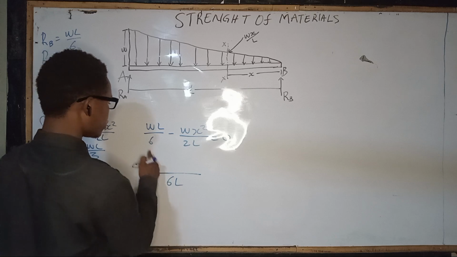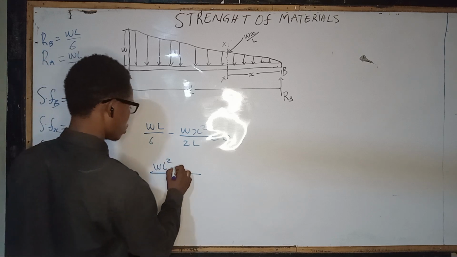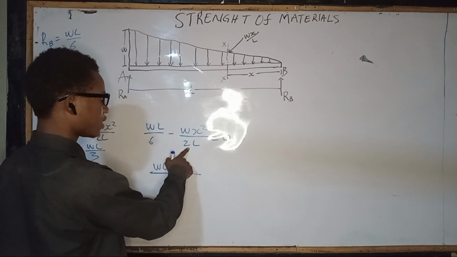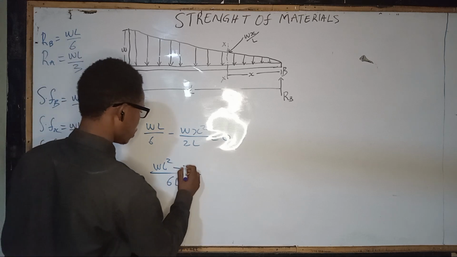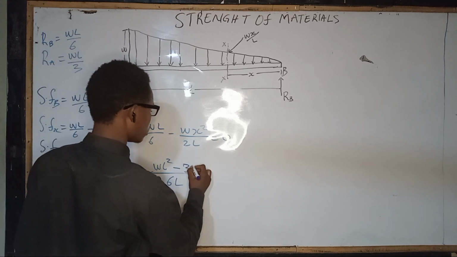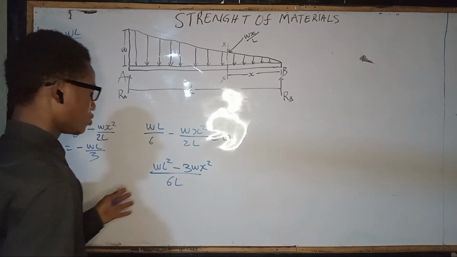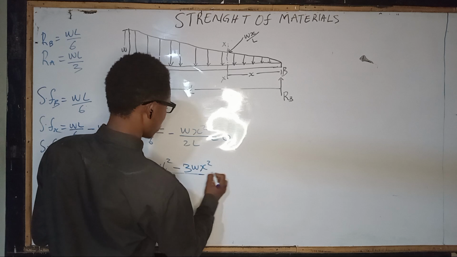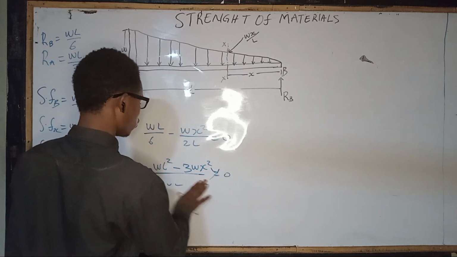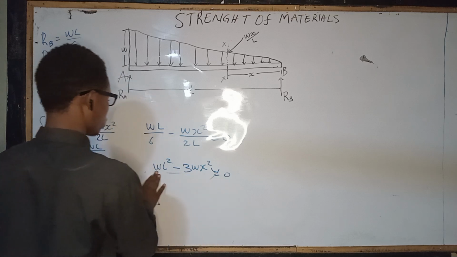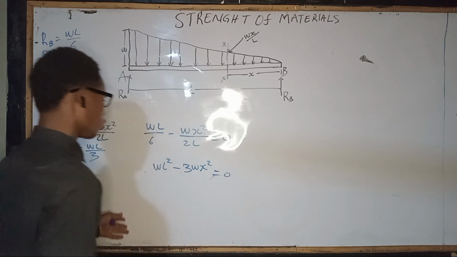So 6L divided by this, we have L, we have WL squared, minus 6L divided by this, we have 3, 3Wx squared, so that is equal to 0. If we do cross multiply, it will cancel the bottom and we will have WL squared minus 3Wx squared is equal to 0.